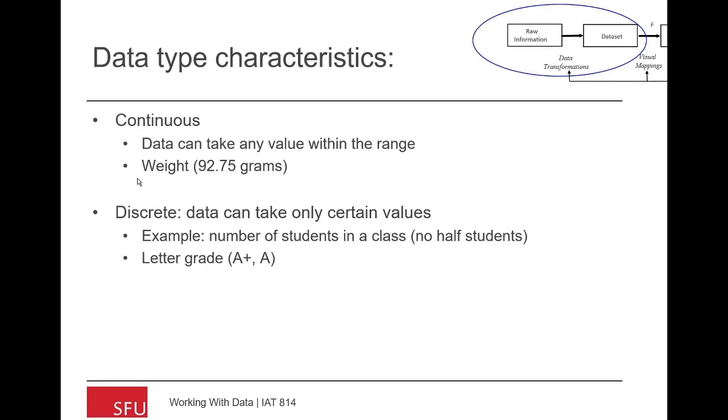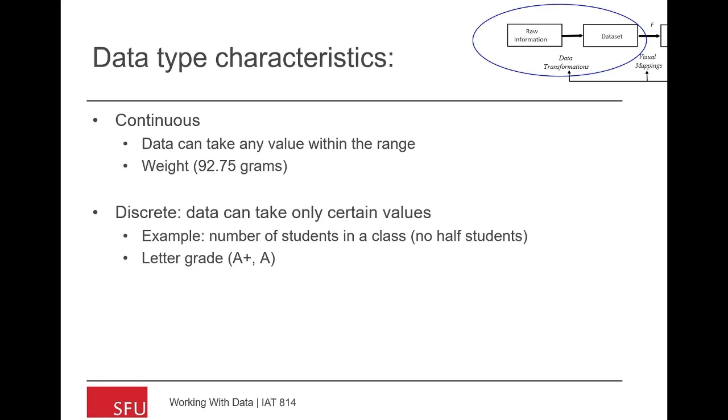Well, what continuous means mathematically and a little bit formally is that if you take any pair of numbers, you can always find a number in between any pair of numbers, including that pair you just found the middle of. So let's say you take 92.75 grams and 92.78 grams.